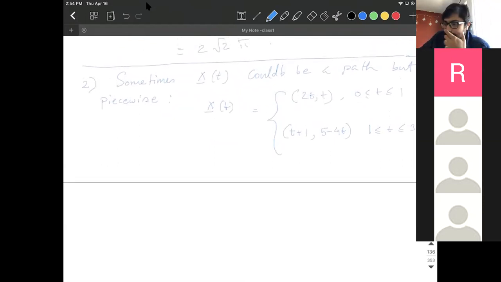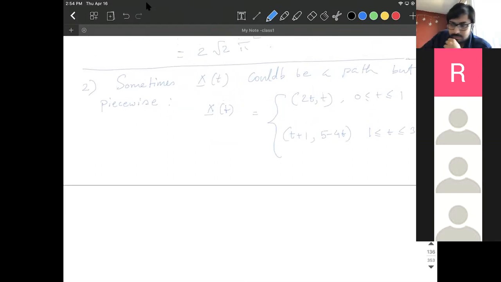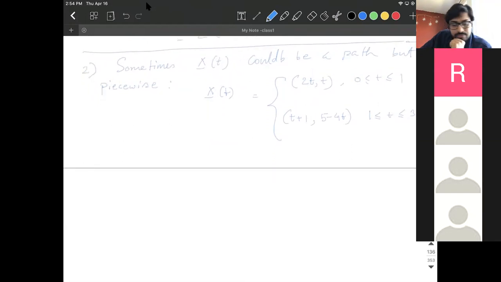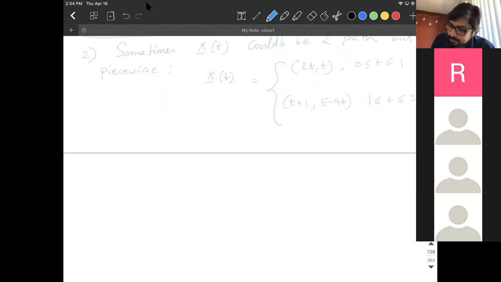This function is of course continuous from 0 to 3. But there is an obvious problem with the differentiability at 1. So x(t) is not differentiable at t equals 1.